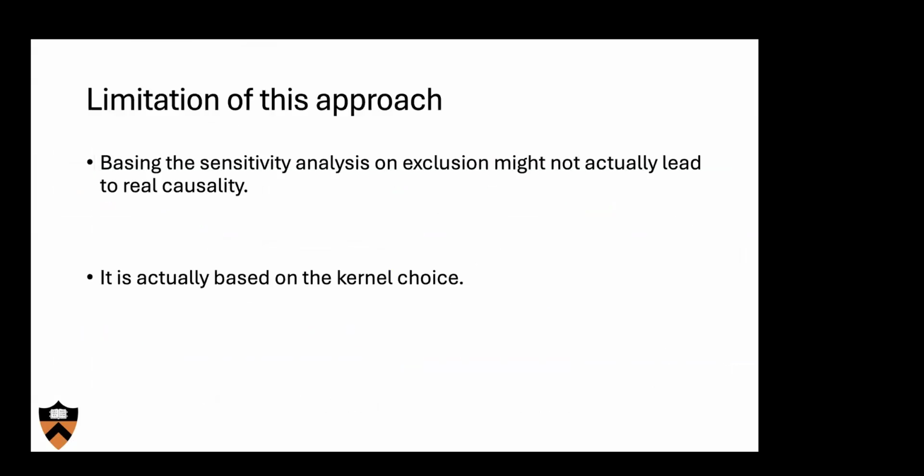Now there are limitations in this approach, which I want to emphasize a lot. Excluding one variable and seeing the impact doesn't actually lead to real causality, but it can give you insight. And this method is also very dependent on the kernel choice that you make during the cross validation part.